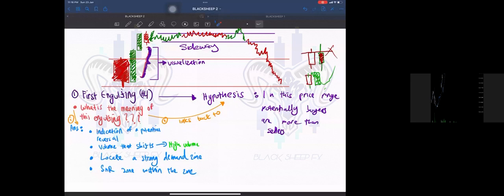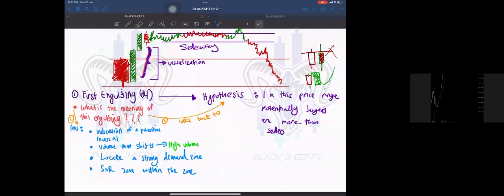Understand that when an engulfing happens, it is an indication of a potential reversal. Meaning, if price is climbing up, there is a potential of a reverse. If price is falling down, there's a potential of a reversal up.